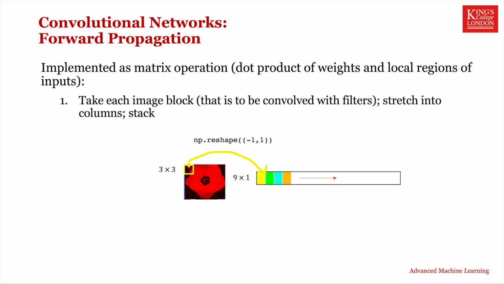And using vectorization, this operation can be calculated very quickly by first reshaping each local image block into a vector, here of row length 9, since 3 times 3 is 9, and we're considering a 3 by 3 kernel. And then these patches can be stacked together to form a matrix.